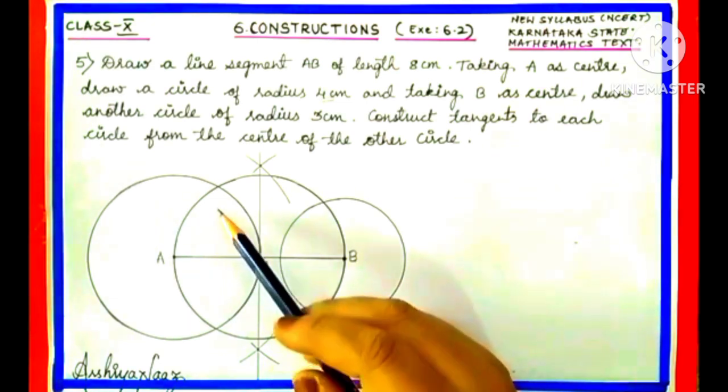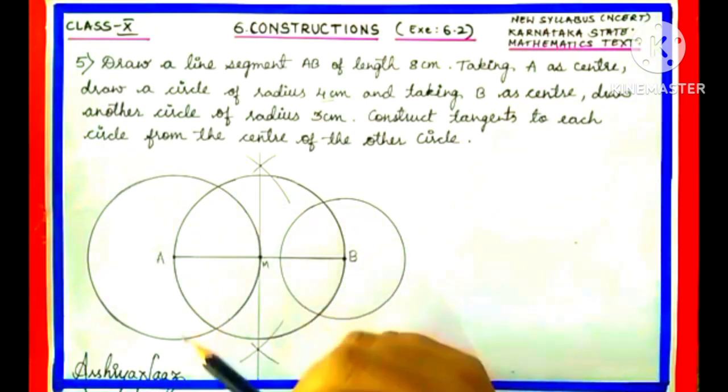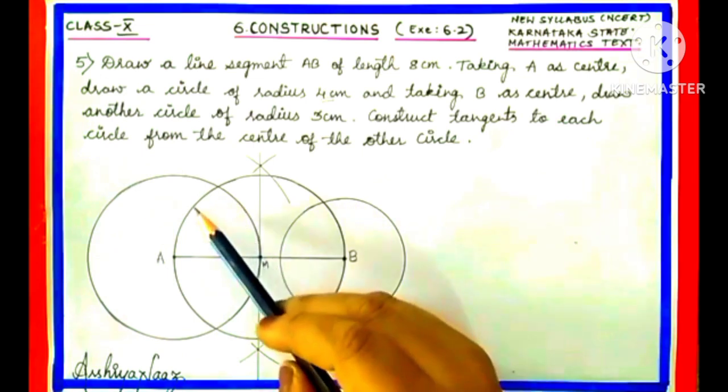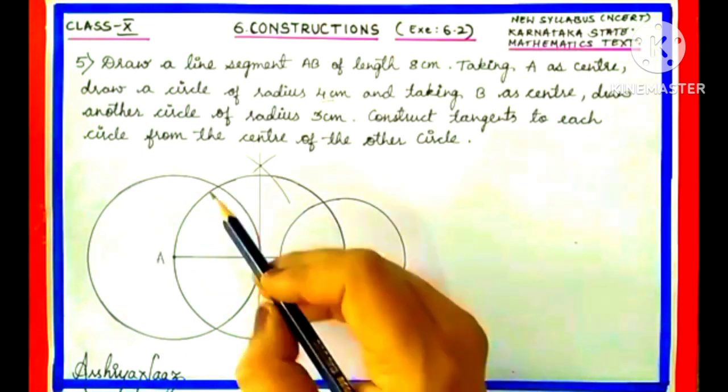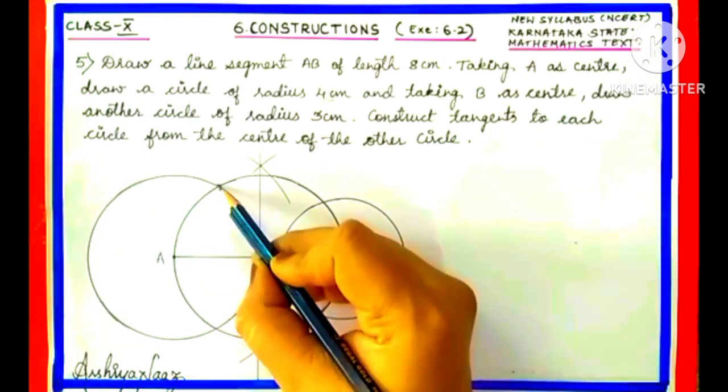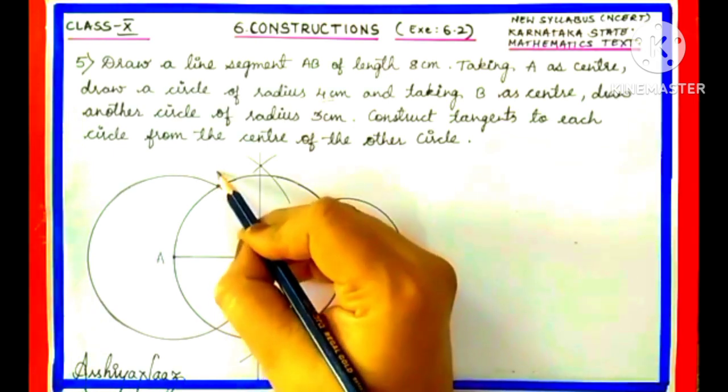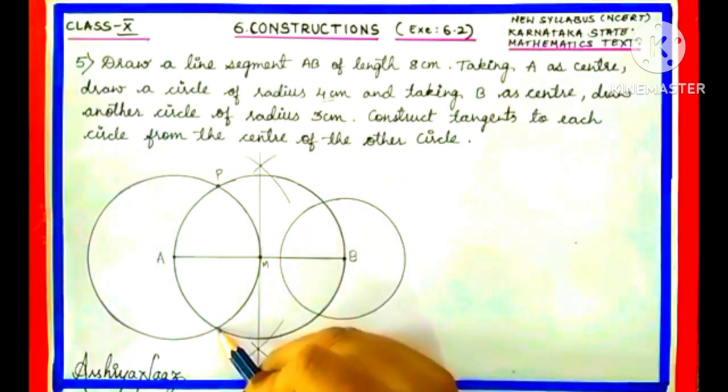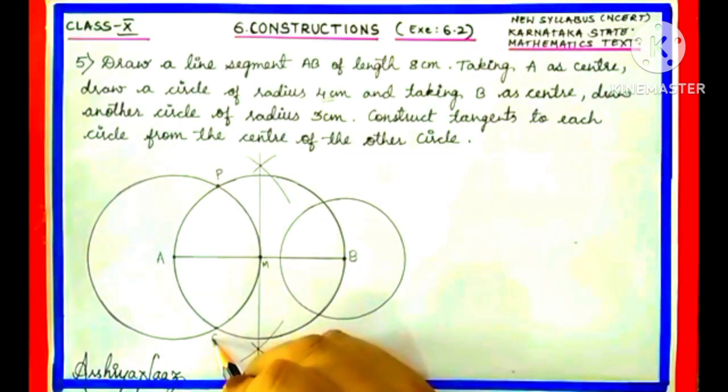Now identify where these circles are crossing. It means the points of intersection of these two circles. Let this point be P, and here is another point. You can see the two circles meet here. This is the point Q.